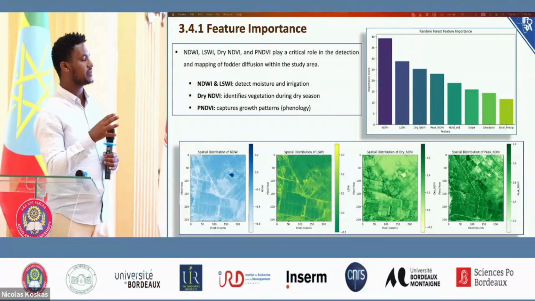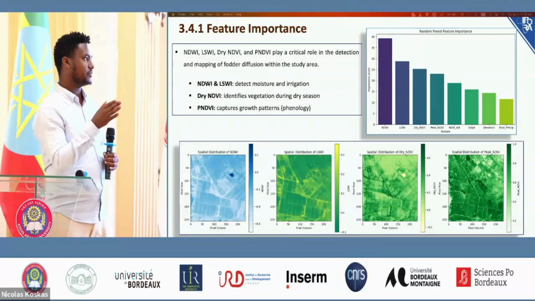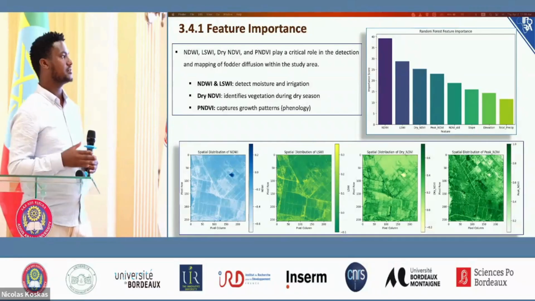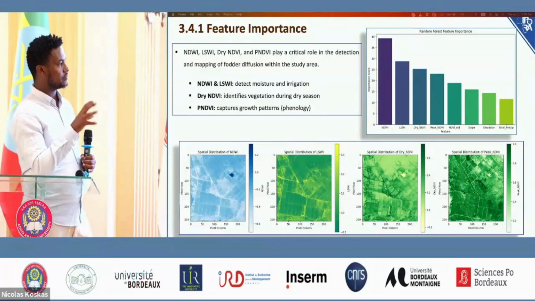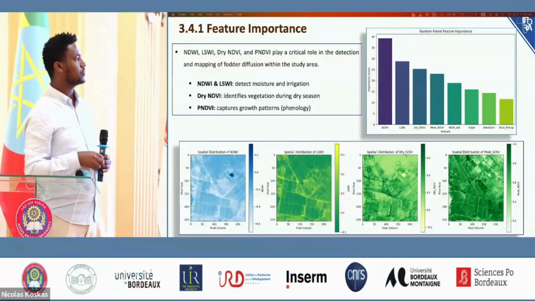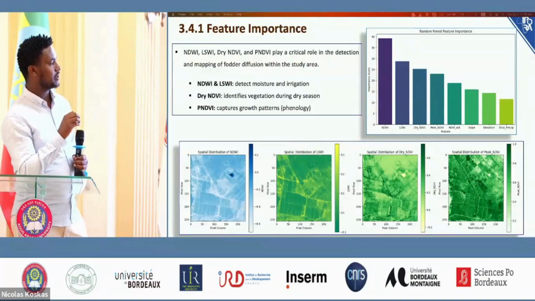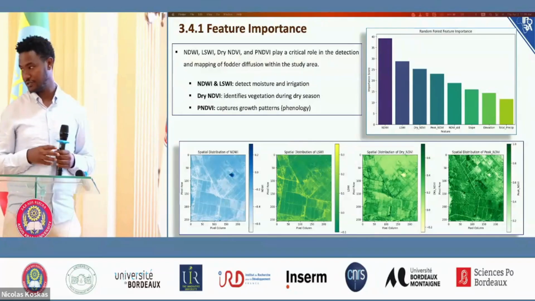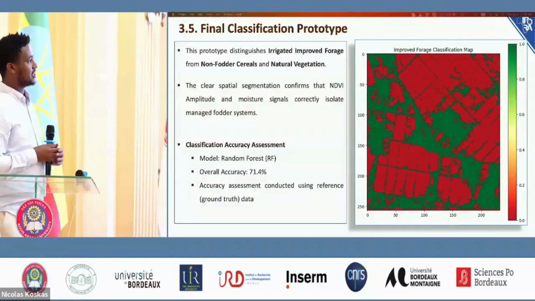We also use vegetation phenology to identify fodder from other similar crop types like wheat and maize. By combining all those covariates, we identify fodder in those areas. Then this is the final classification prototype.